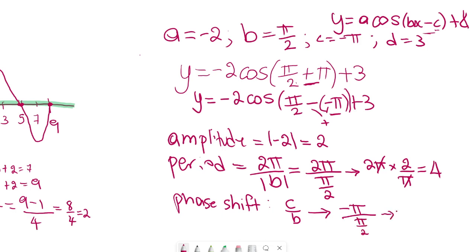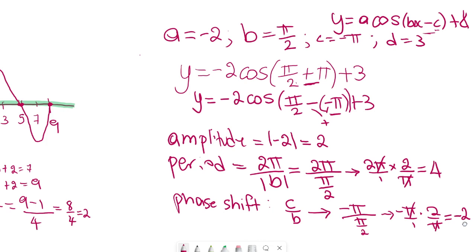Or this is going to be negative pi times 2 divided by pi. And so if I cancel my pi's, you can always put your wholes over 1, this becomes negative 2. What is important here is to note that our phase shift is also known as your horizontal shift. And so this is telling us that we have a horizontal shift of negative 2.